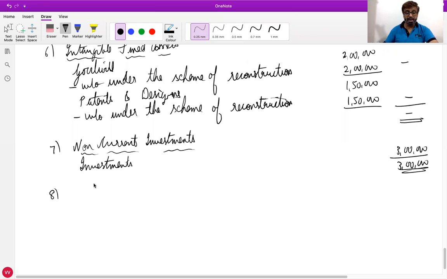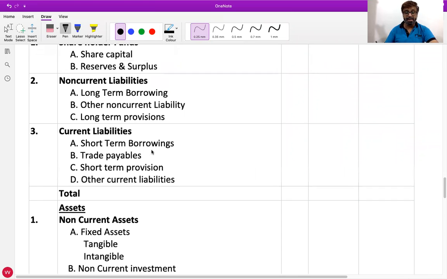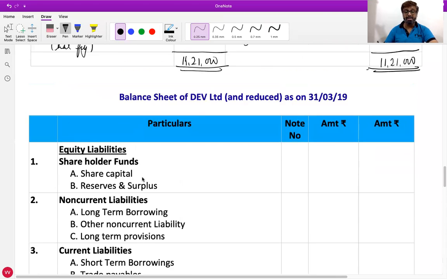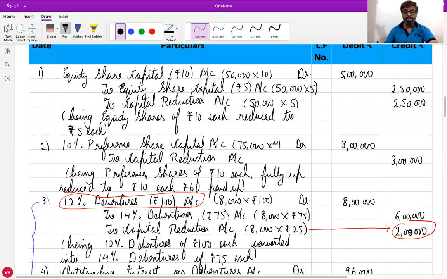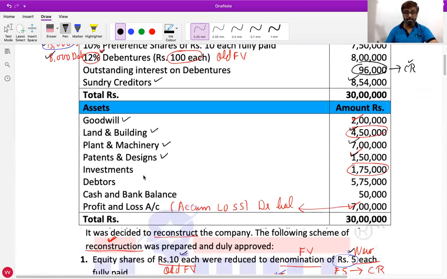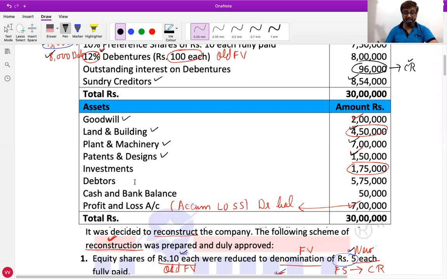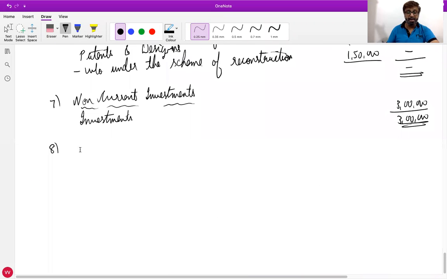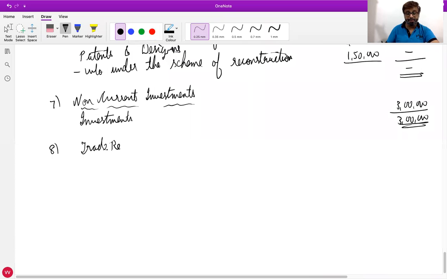Then after non-current investments, we don't have long-term loans and advances and other non-current assets. In current assets, investments we don't have, inventories we don't have. Do we have stock? No. Only debtors and cash in bank. Directly trade receivables, and they are not affected in any adjustment, so they will remain same.